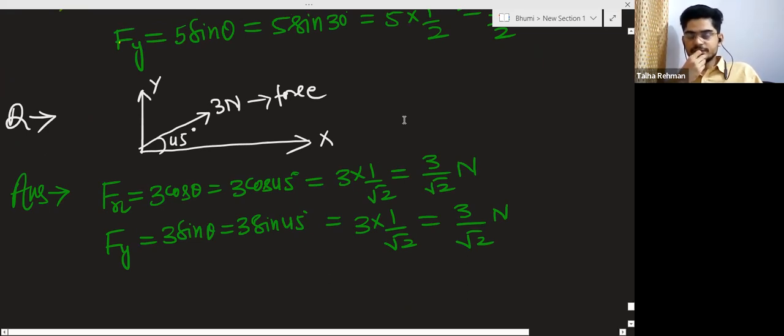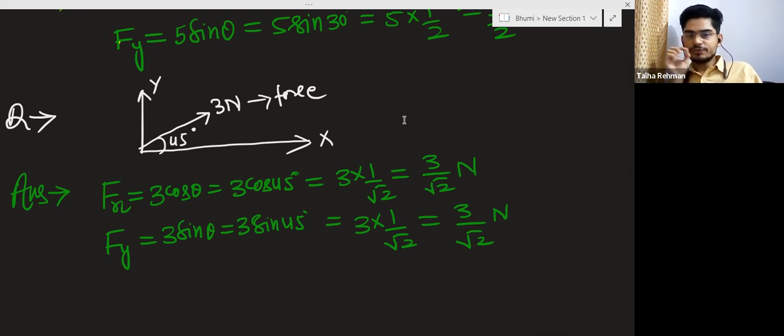And you have to identify here with which axis the vector is making an angle. The axis with which the vector is making an angle, the component will be cos theta along that axis.